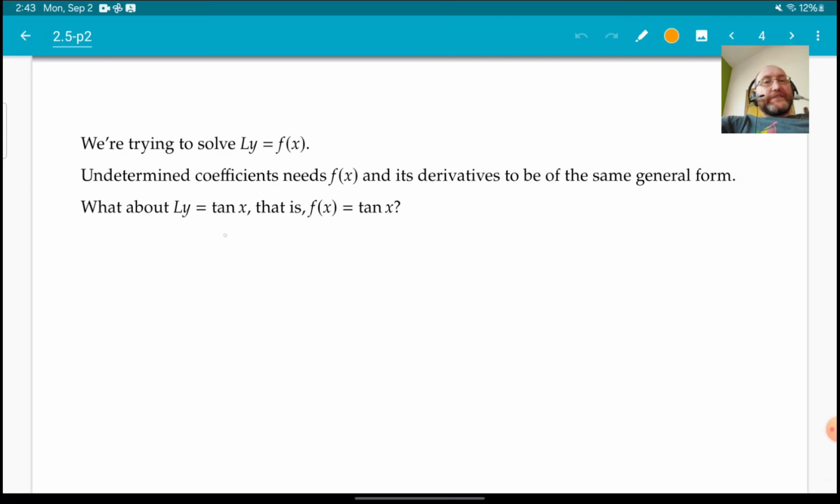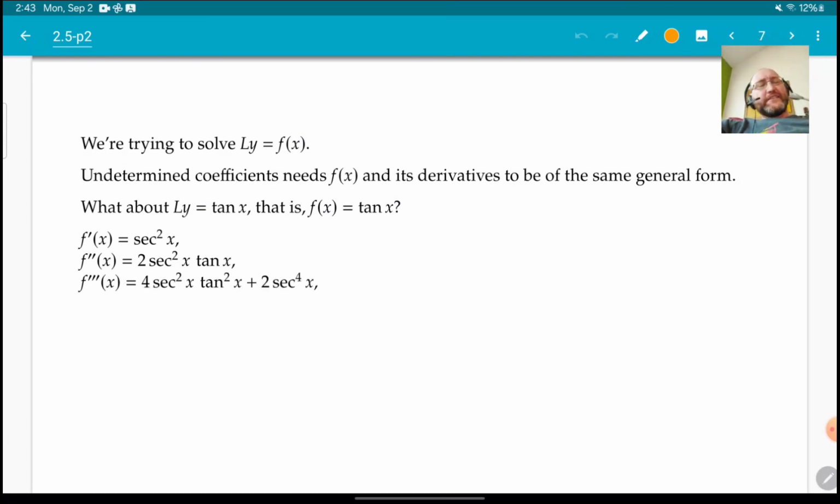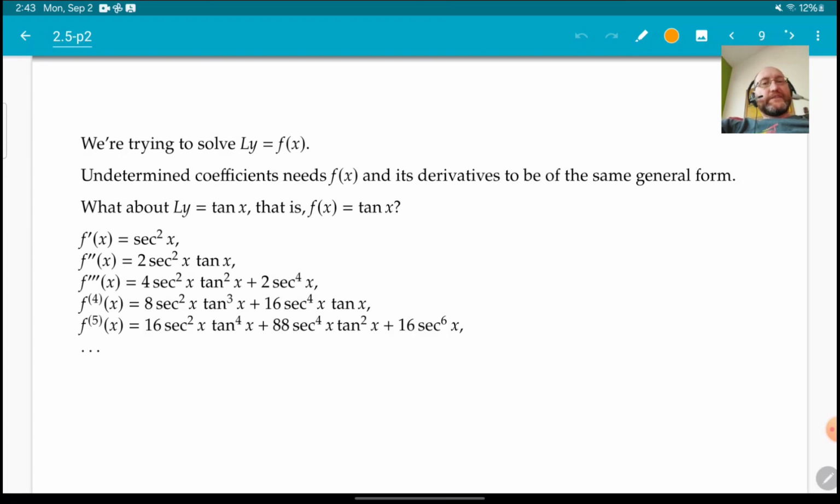So for example, let's look at what if f is the tangent. So f prime is secant squared, f double prime is 2 secant squared tangent, then the third derivative, the fourth derivative and fifth derivative.